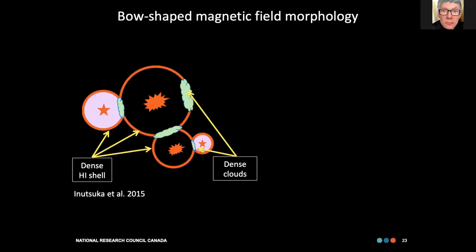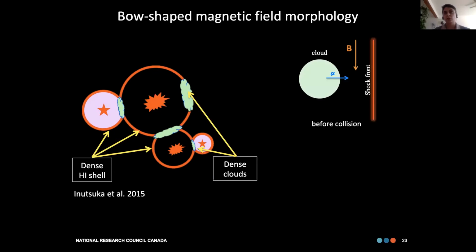That typically includes a collision of dense H1 shells and dense clouds. If we have a dense cloud and an H1 shell, and the cloud is moving with a velocity toward the shell, they predict a bending of magnetic field around the formed filamentary structure within this cloud.